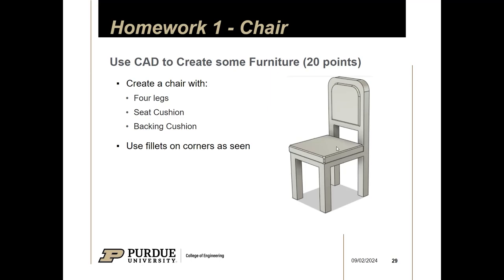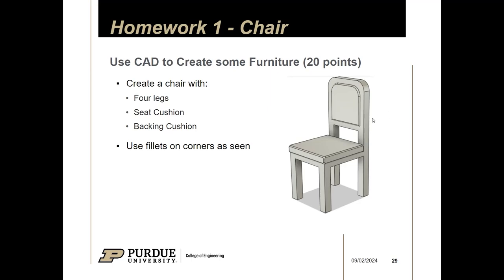A couple ways you could go about doing it is by extruding these legs up from a sketch that's maybe rectangular or something like that, creating another extrusion for the bottom of the chair, stuff like that.